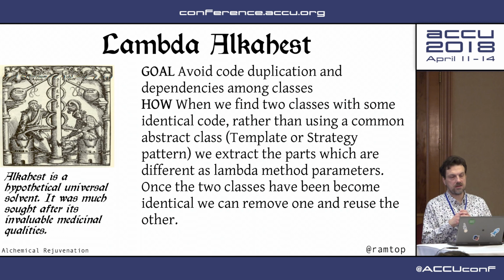But with the Lambda, we can just work at method level, so have a static method that takes 1, 2, or 3 lambdas with all the differences between the two methods, and then just work at the method level, and then have the two methods calling this static method with slightly different parameters.